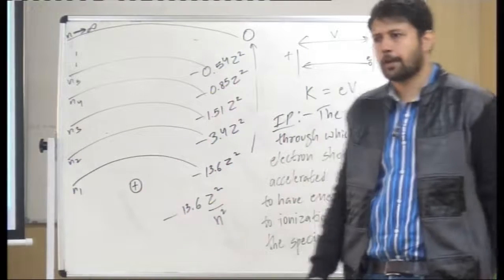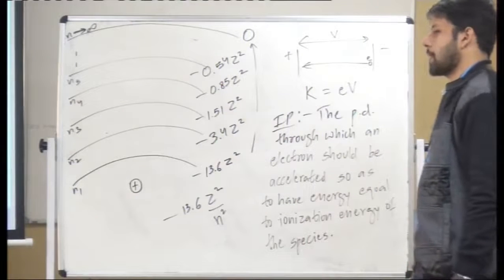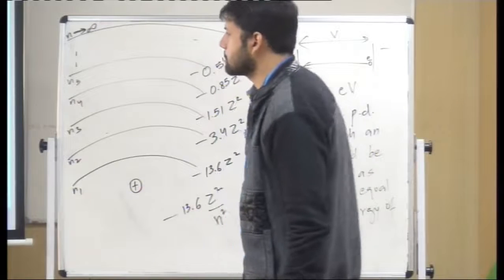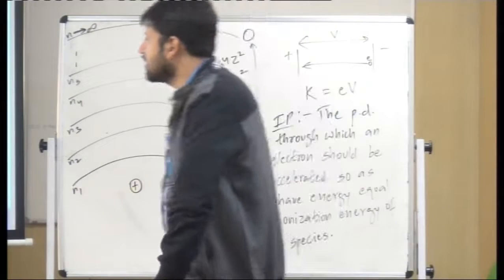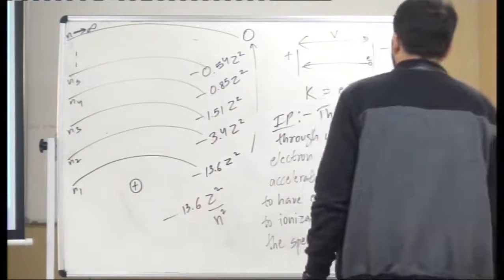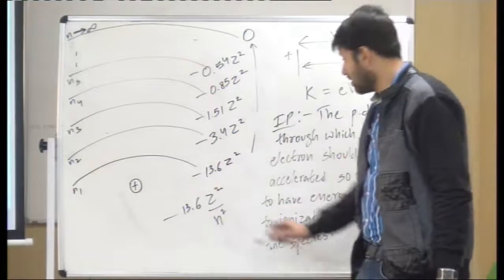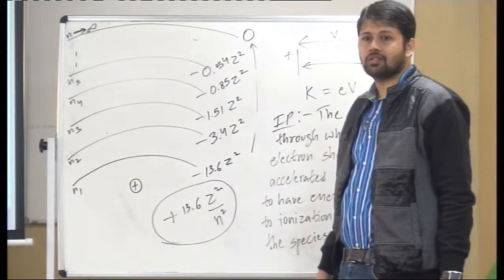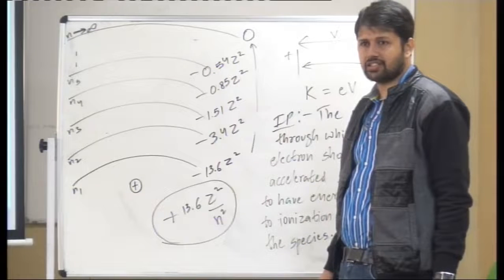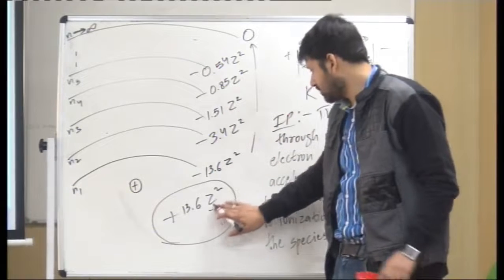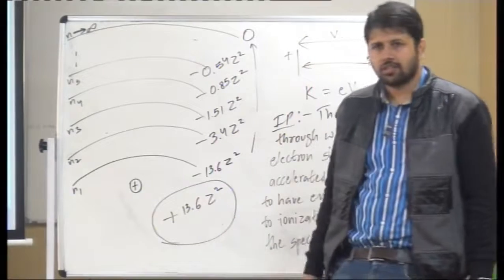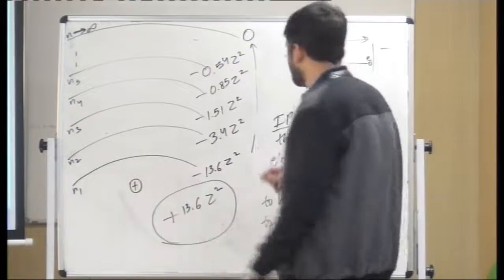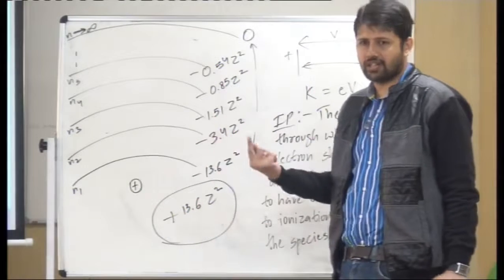Shall I erase this? Somebody said, are the IE and IP independent of n? What do you think? The ionization energy is this. Actually, n is 1. Ionization energy is the energy required to remove an electron from the ground state, n equal to 1.